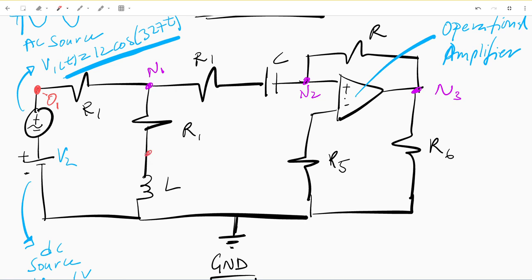This is also an ordinary node, O2 right here, O3 right here, O4 here, O5.